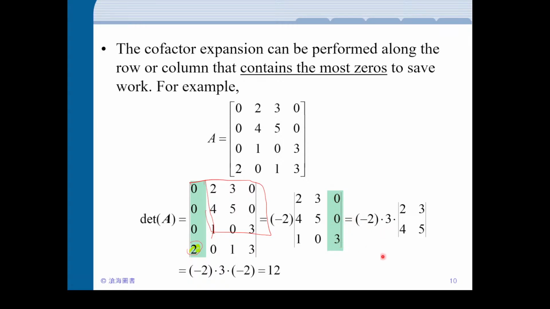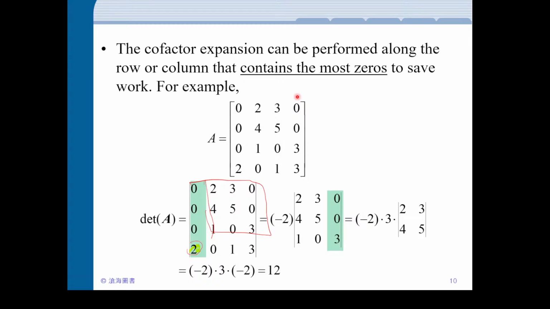So expand here, then you only need to calculate this element, 3 here, times the determinant of this matrix. And then you calculate this: 10 minus 12 is minus 2. So this is minus 2 times 3 times minus 2, and the determinant is 12.